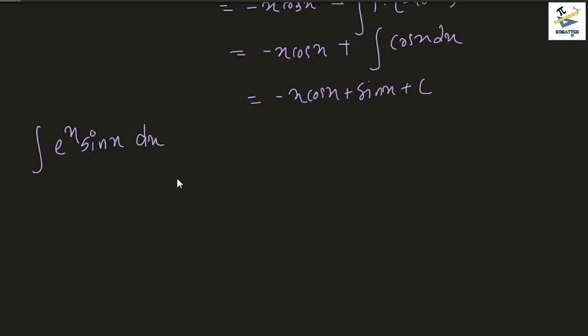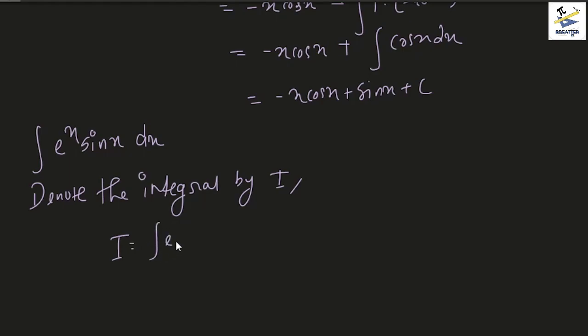Let's see. Denote the integral by I. Then what we have is I is equal to the integral of e to the power x sin x dx.